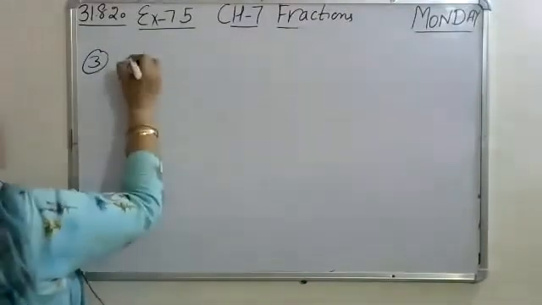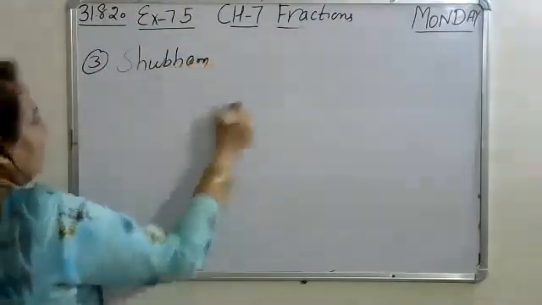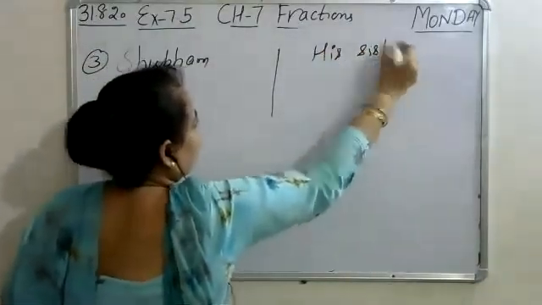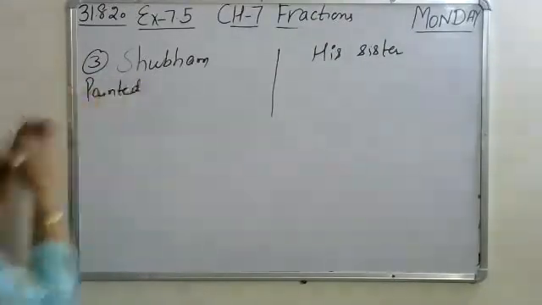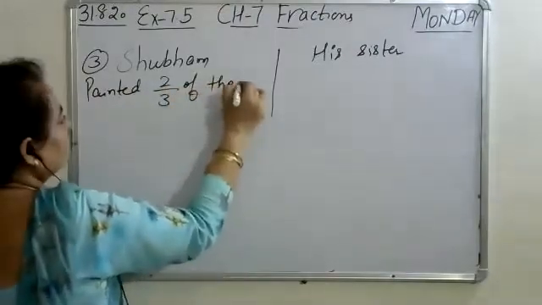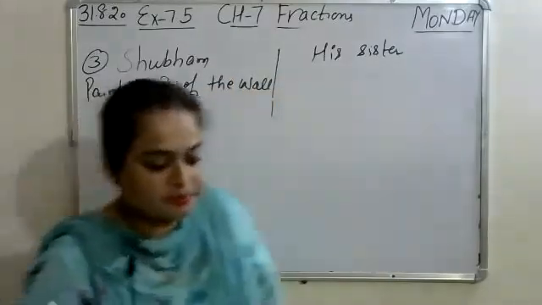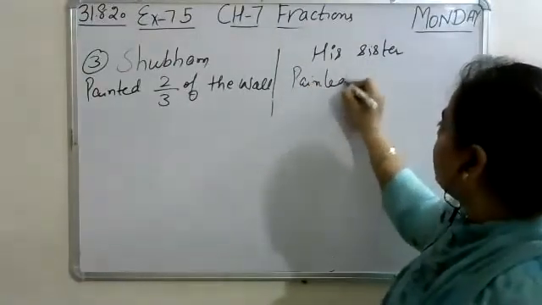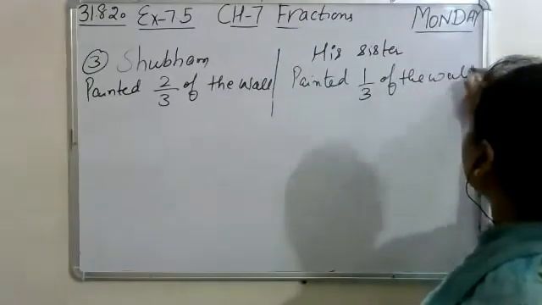So here you will write, on one side you have Shubham and on the second side his sister. You will write here Shubham painted 2/3 of the wall. And his sister painted 1/3 of the wall.